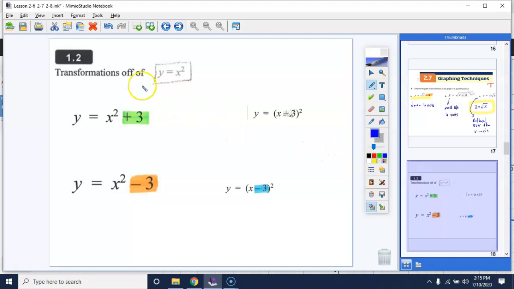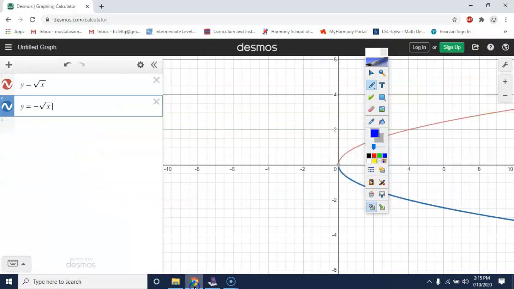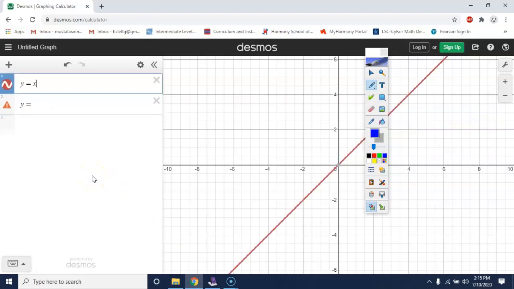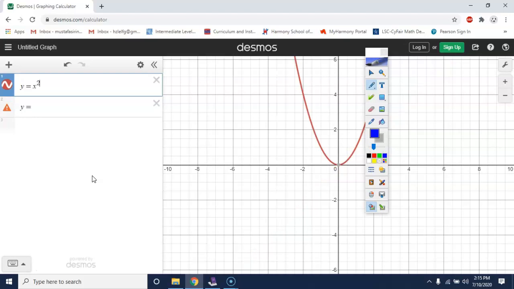Transformations of y equals x squared. I'm going to do the same thing here. I'm going to graph this. That's my parent function, x squared, and I will graph the others and see what happened there, the transformation. So y equals x squared, that's my function. Cool.